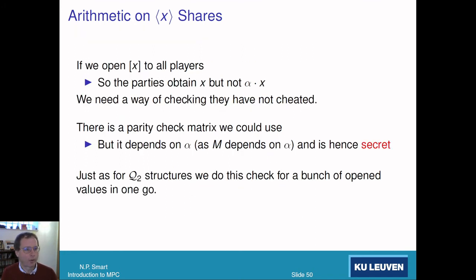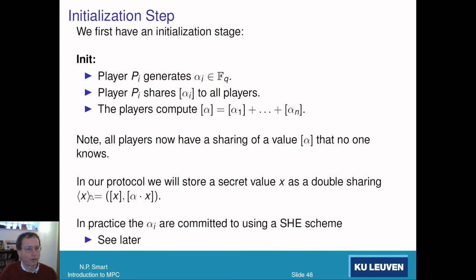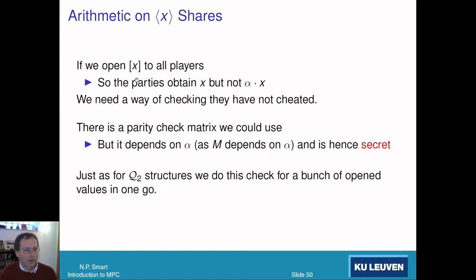Okay, so how do we do operations on these angle bracket shares? Well, if we want to open the value x to a party, we just open the square bracket sharing of x. Remember, angle x consists of a square bracket sharing of x and a square bracket sharing of the MAC on x. So if we want to open x to all parties, we just open the square bracket sharing on x, but not the MAC.